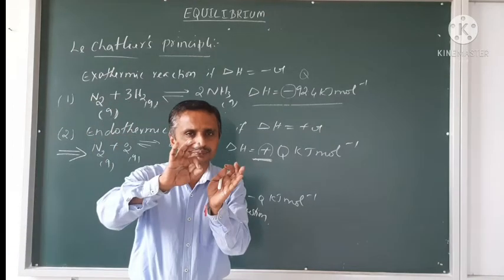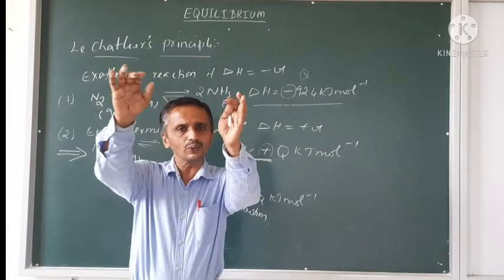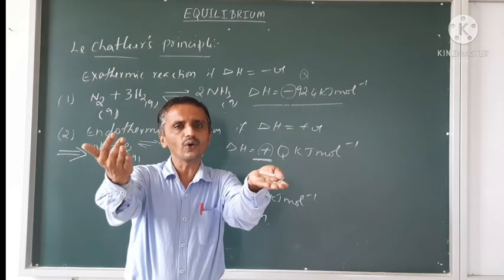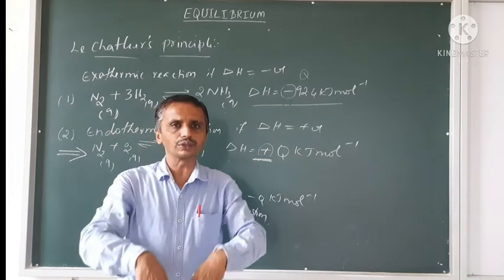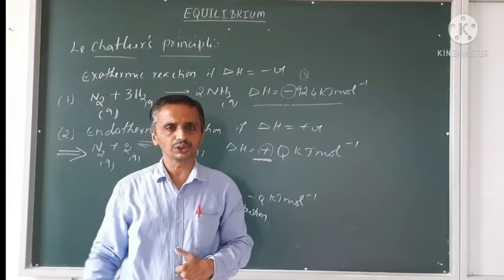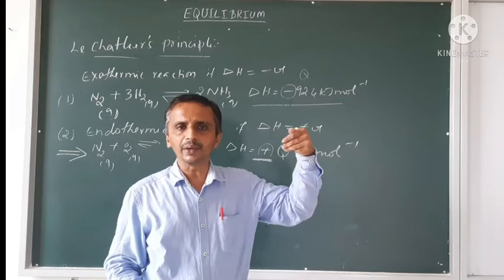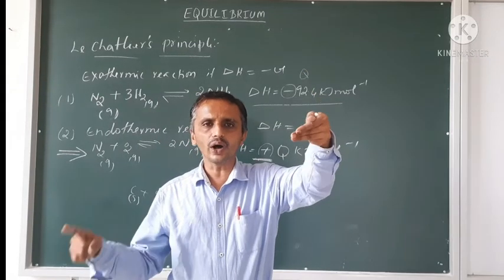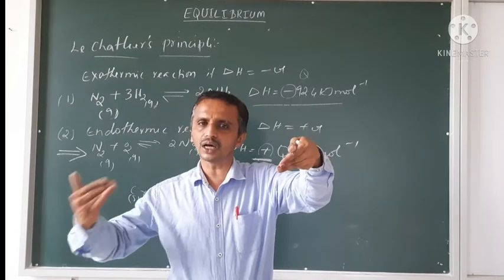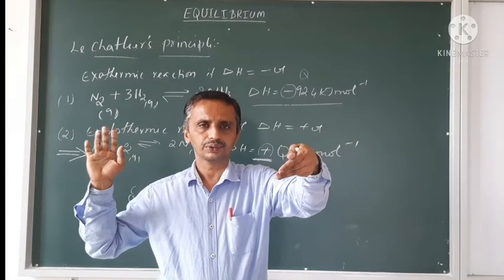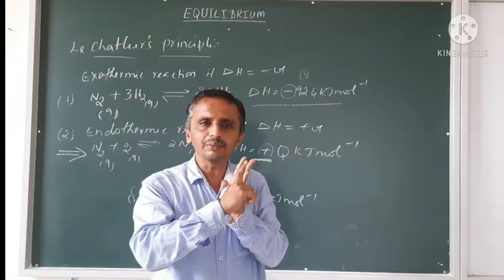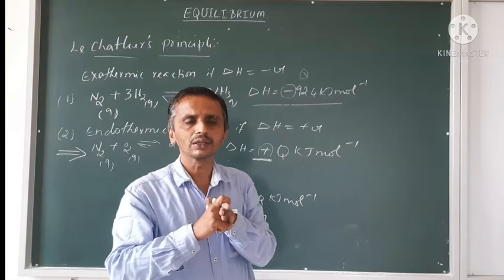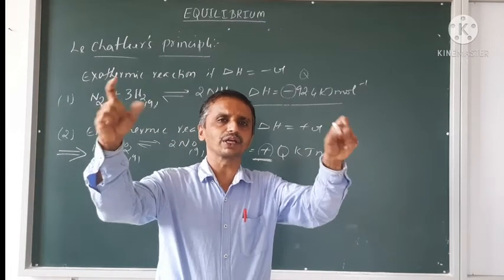So they may ask in the competitive exam, they may give 3 reactions where heat is evolved, 1 where heat is absorbed. Take the odd one out. Or they may give 3 endothermic reactions, 1 exothermic reaction, take the odd one out. Third point, they may give 1 exothermic reaction, all 3 others are endothermic, among these which is the exothermic reaction.